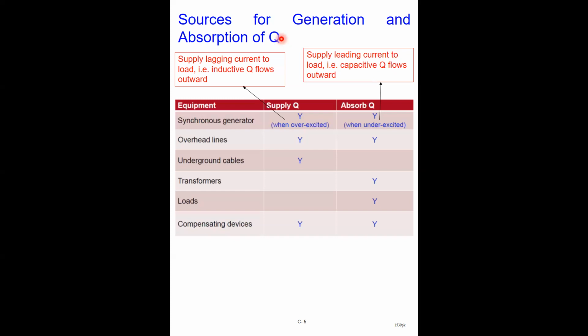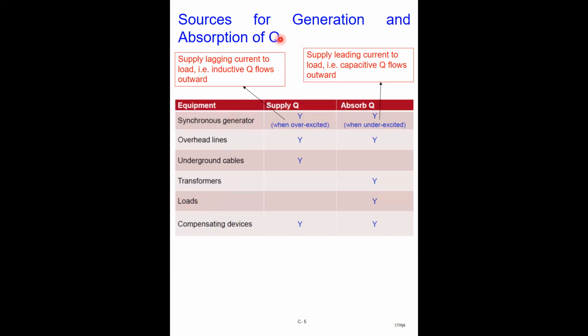For active power, it was only the generator against your load; the line, cable, transformer, or other devices were not involved in balancing the active power.